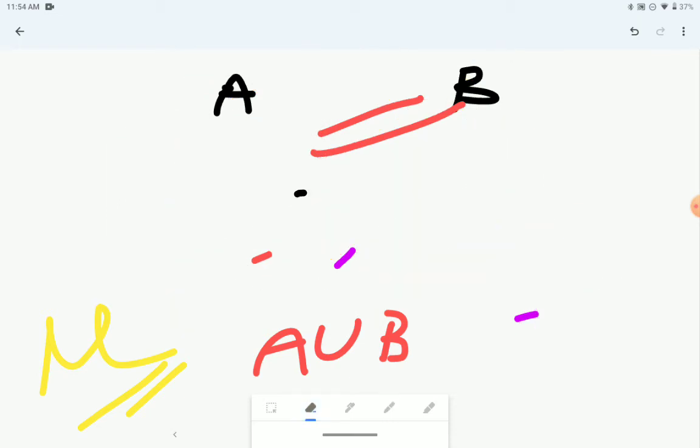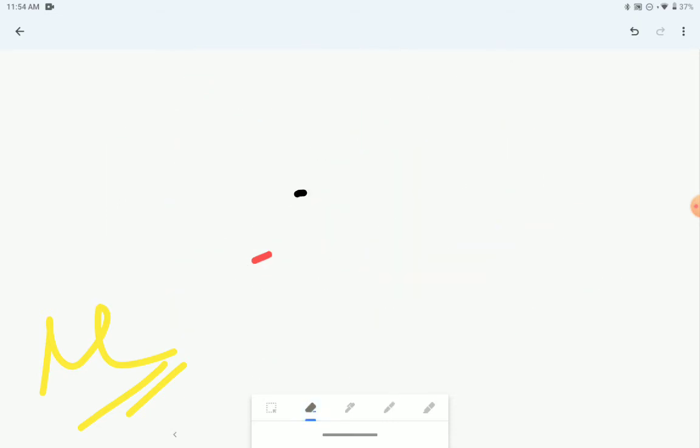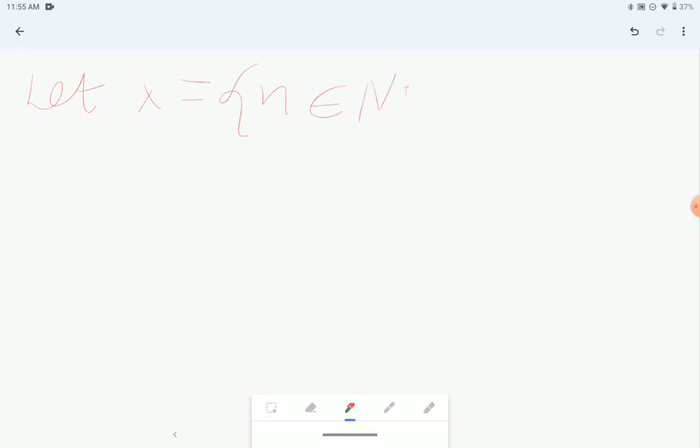So also there are some problems in JEE which are quite simple, but you should keep them in mind. I'll tell you an example. I'll write the question. Let X equal to n such that n belongs to N such that 1 less than or equal to n less than or equal to 50.